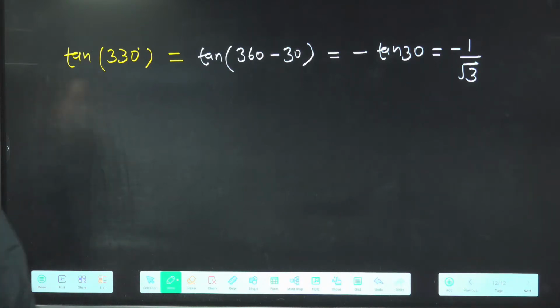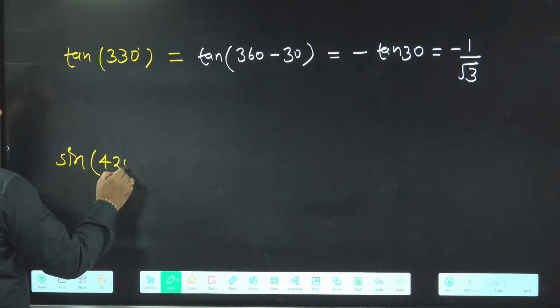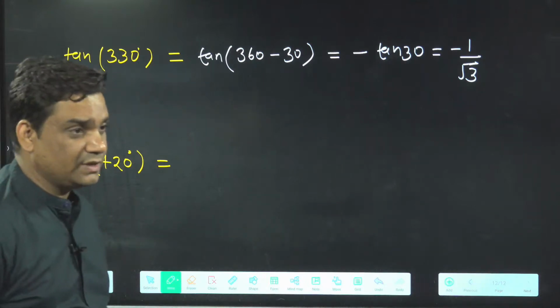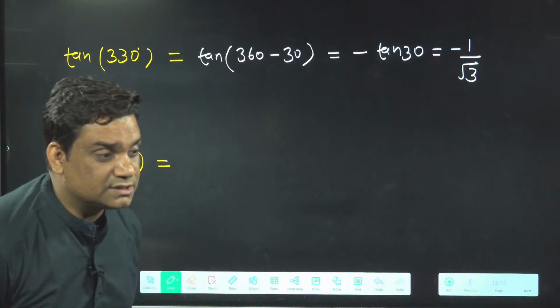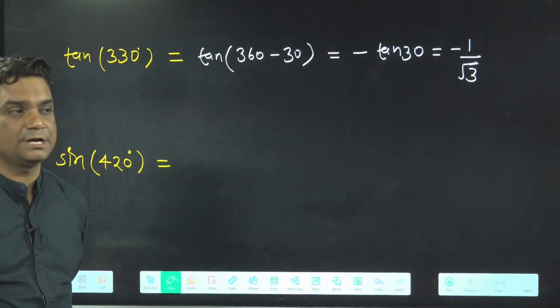Okay. What do you say about this one? Sine 420. Here the angle is more than 360. What will be the answer?